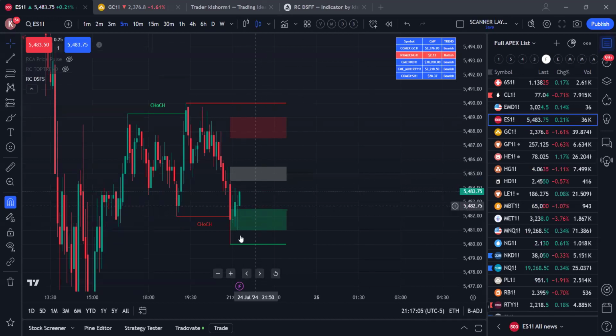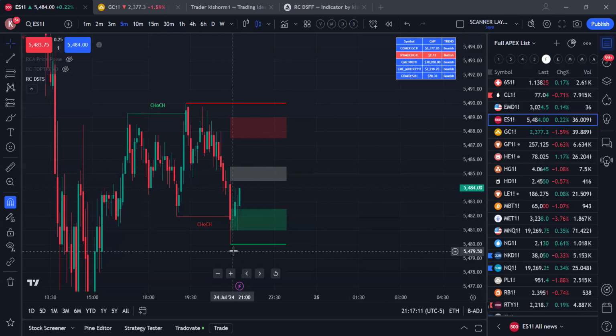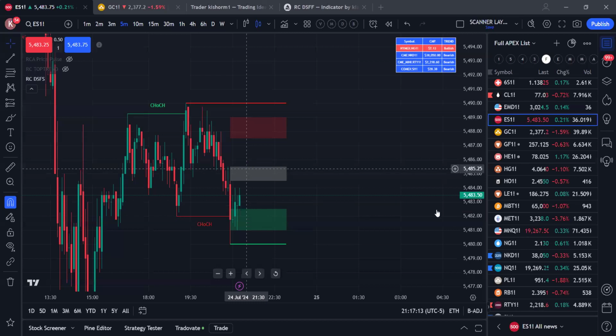Because it moved out of the discount area, that's why you don't see ES in the green color. It came to the bottom and started moving up.